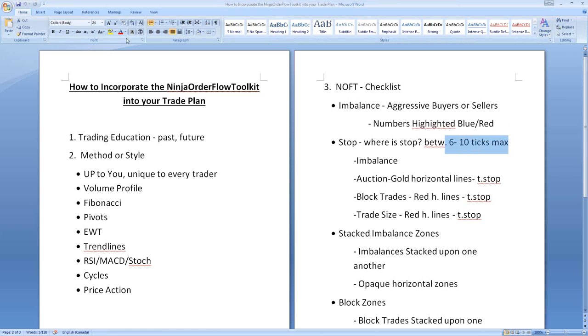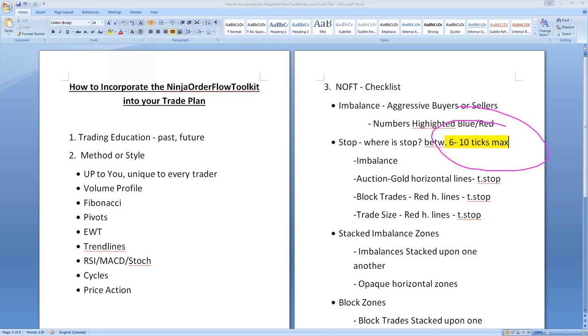A lot of people have a problem knowing where to hide their trails. Jay is showing you 3 different ways to run your trails behind, so that you can stay with the trade longer. It's not based on a guess or a number of ticks behind.